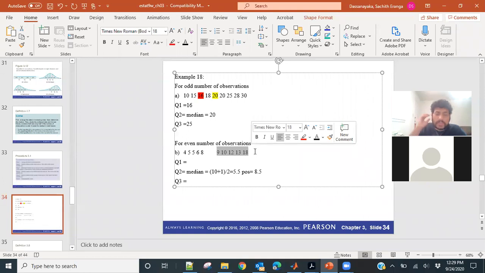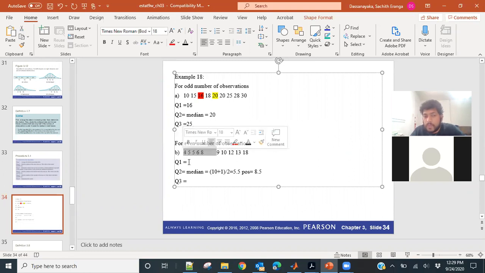Now here, if you have an even number of observations, you don't have to add your median to find Q1 and Q3. Simply get these values and find your median: Q1 using the first half or bottom half, Q3 using the top half.